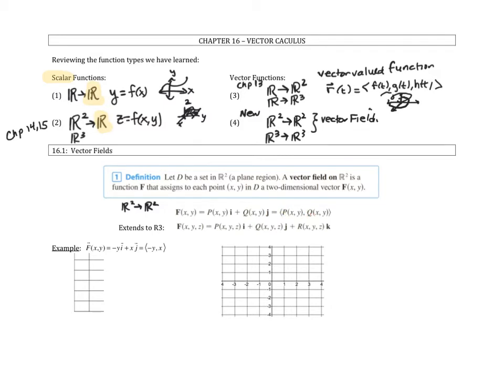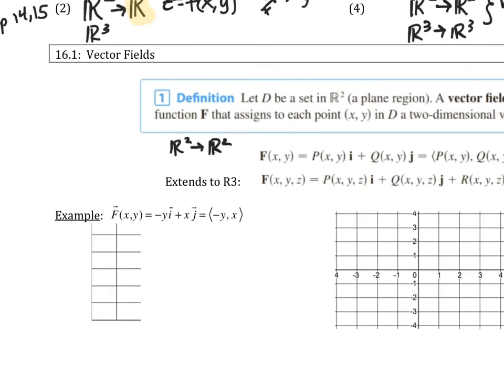So for example, suppose I have this vector function, which we call a vector field, which says take every point x, y, and you're going to get a vector out. And so just to kind of get a feel for how this works, when we evaluate functions, here we're putting in an x, y, and we're going to get out a vector f of x, y, which is minus y, x.